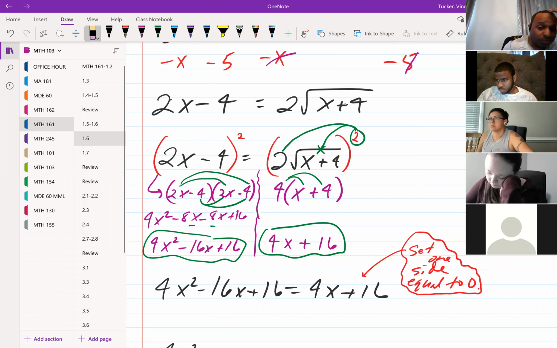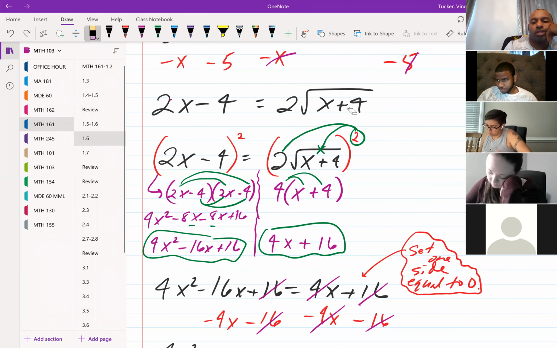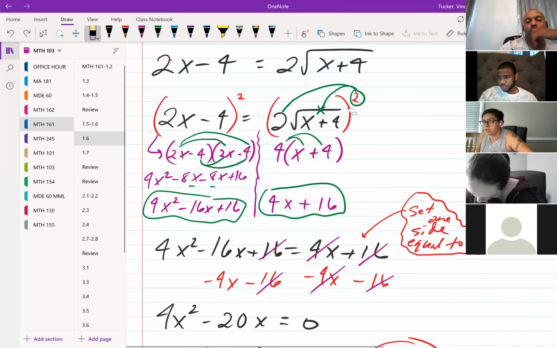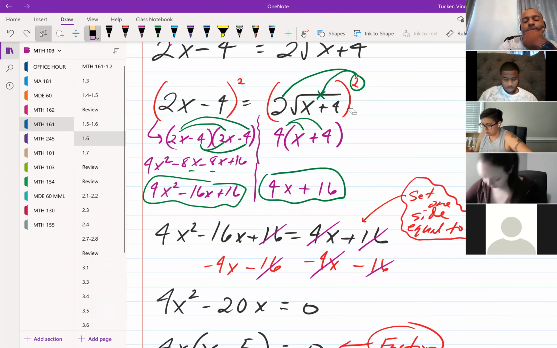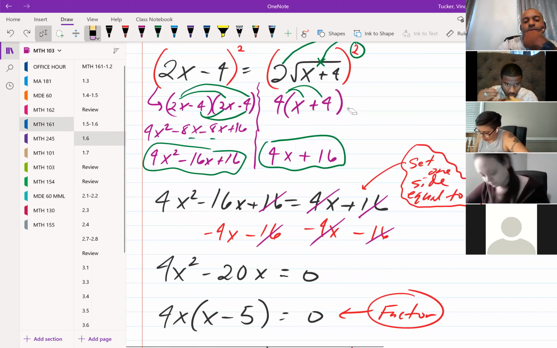And as always, once we're in this position with our quadratic equation, we set one side equal to 0. So I'm going to subtract 4x and 16 from both sides. All right, 4x squared minus 20x equal to 0. Factor out 4x.